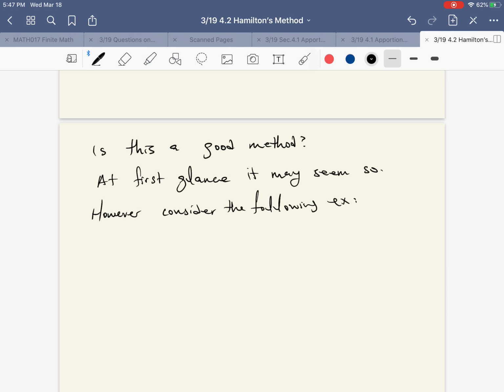So this is a fictional example again, but it is based on a very real example, which is the reason that we no longer use Hamilton's method in our House of Representatives. Even though some of the numbers have been fudged to make things more manageable for us as we ease into calculating apportionment.